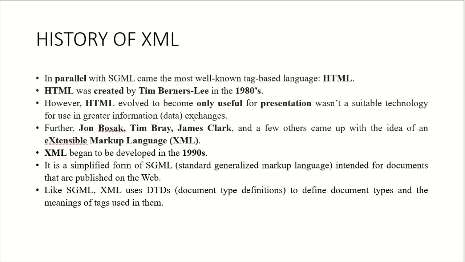That I will clarify in the advanced slides. Alright. So for now, you just understand that after SGML, in parallel with SGML, HTML was developed by Tim Berners-Lee, but HTML was only useful for presentation and not suitable for exchange of information.